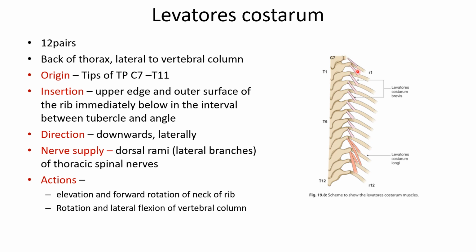Then what is their insertion? The upper edge and outer surface of the rib immediately below it, in the interval between the tubercle and angle, they are getting inserted. The lower 3 or 4 are together called the Levatores costarum longi because of their long slips. Their direction is downwards and laterally, and they are supplied by the dorsal rami, the lateral branches of the dorsal rami of thoracic spinal nerves.